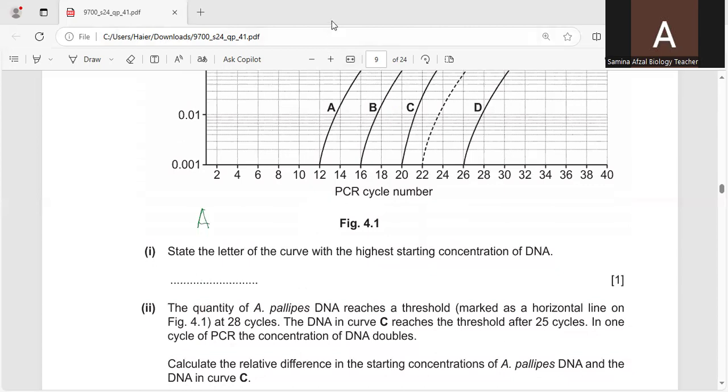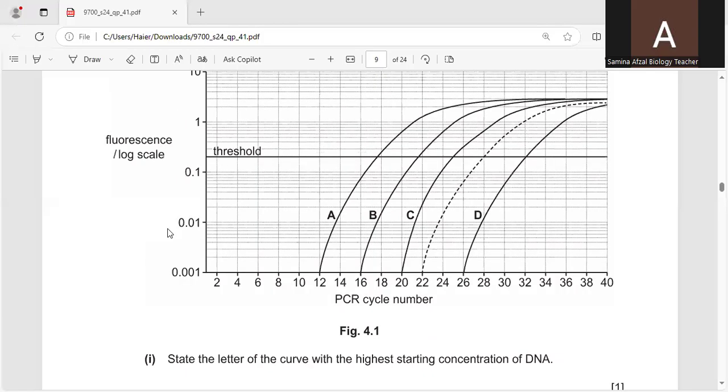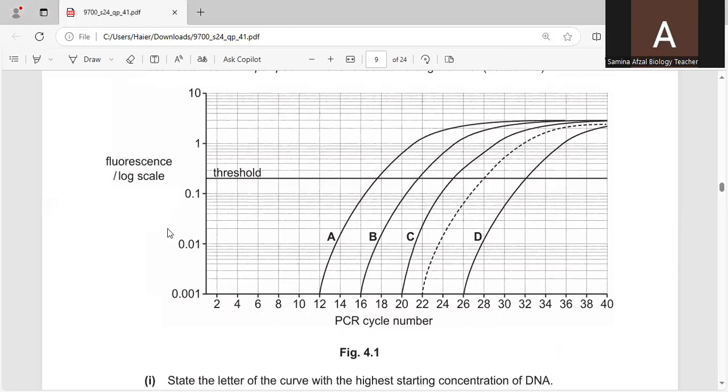DNA in curve C, in the start, is about one, and this is two.